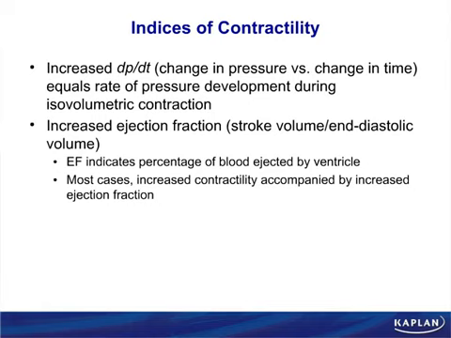Now, technically, it is not a pure marker of contractility because it is influenced by afterload. But nonetheless, clinically, for USMLE Step 1, ejection fraction is a marker of contractility.